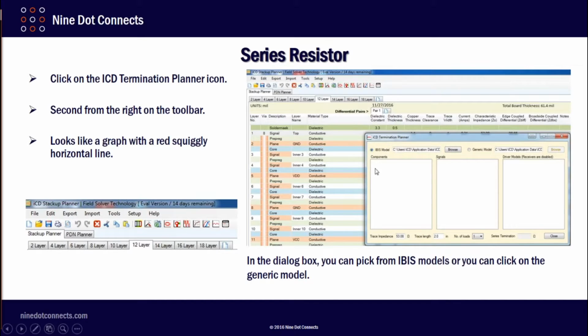If you pull up the program and look at the second from the right of the toolbar, you're going to see a button right here, the red squiggly horizontal line. That starts a new program that we just added to this ICD planner called a termination planner.